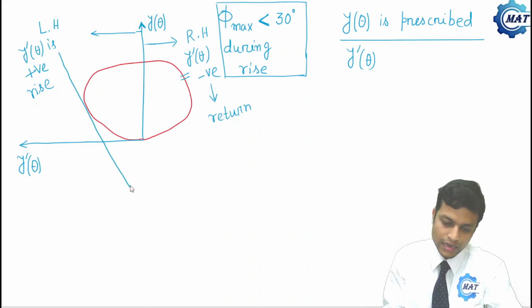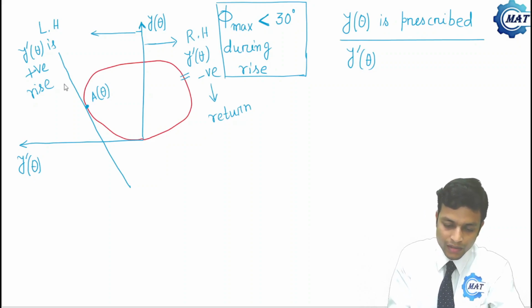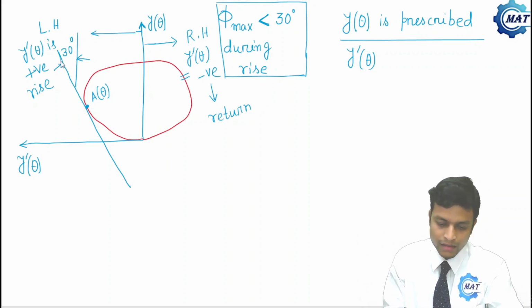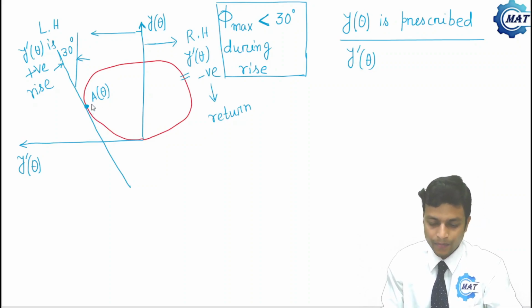We have drawn a line. Now say this is point A, any point A that corresponds to cam rotation theta, then this angle is 30 degree. This is vertical line, so this angle is 30 degree. That means pressure angle at point A is 30 degree.